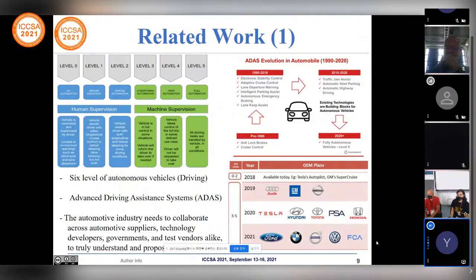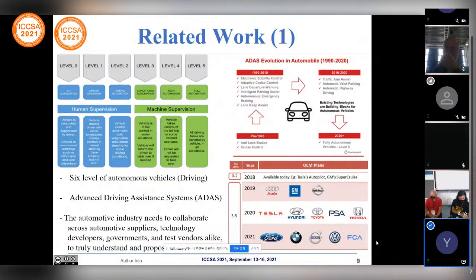The advanced driving assistance systems, called ADAS, are progressively demonstrating the reality of the vehicle taking over control from the driver and playing the crucial role of preparing regulators, customers, and corporations for the possibilities that lie ahead.